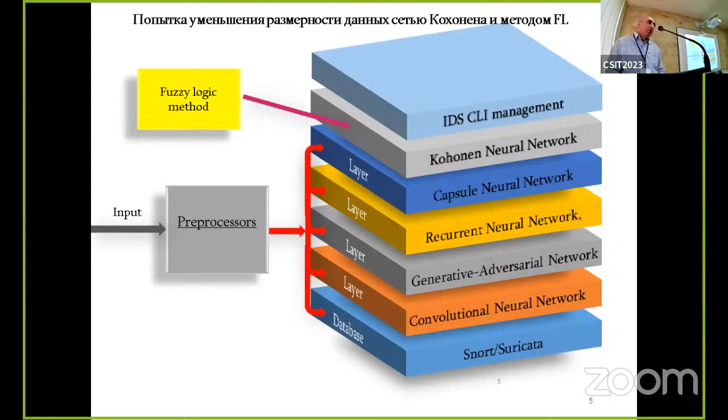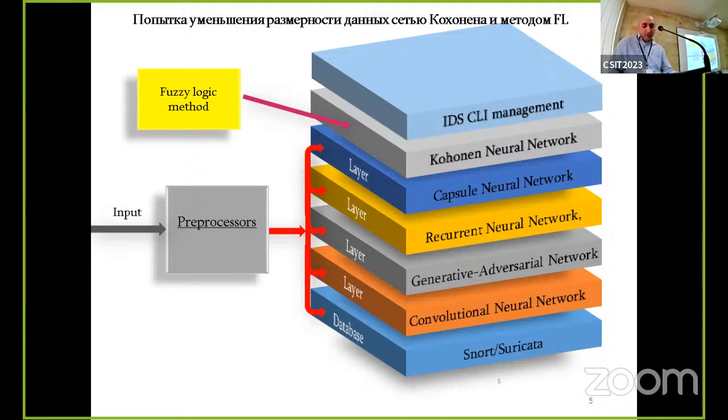В моем предыдущем выступлении я подчеркнул, что было несколько способов решения данной задачи. Первым способом мы пытались внедрить метод с применением нечеткой логики, fuzzy logic, и нейронную сеть Кохонена. К сожалению, данный метод давал выигрыш только при обнаружении полиморфного ПО, а прочие метрики не могли определять с заданной достоверностью.